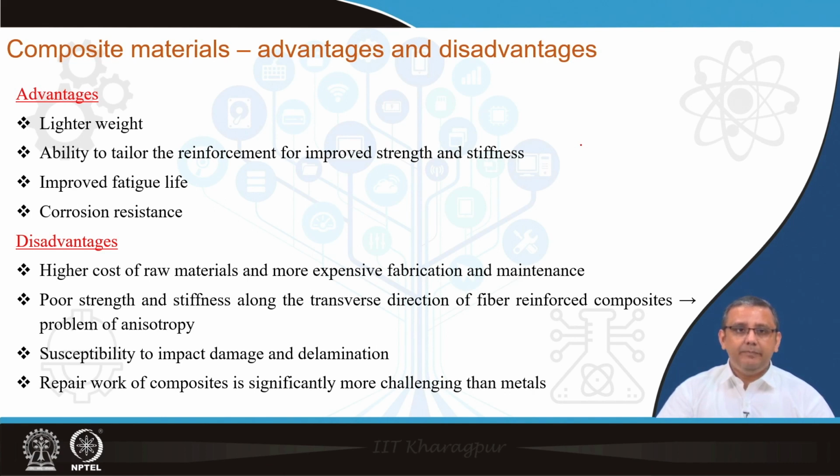Then there can also be more susceptibility to impact damage and delamination. That means the interface between the matrix and the reinforcement also plays a very important role. Repair work of composites is also significantly more challenging than metals, and recycling is also one issue where composite materials suffer over the metals or the bulk materials.